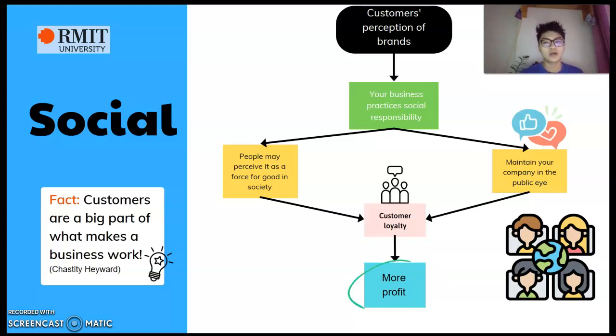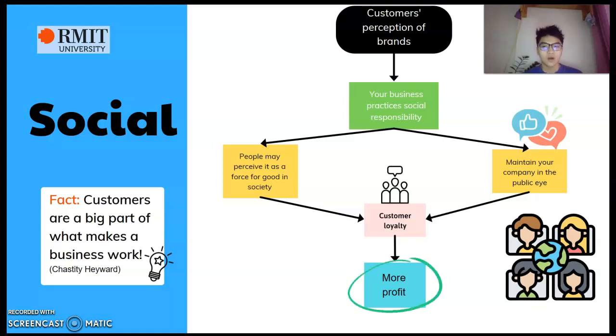In it, she suggested that people may perceive brands as a force of good for society if they practice social responsibility. It helps brands promote their image to the customer, and the customer is a big part of the business.